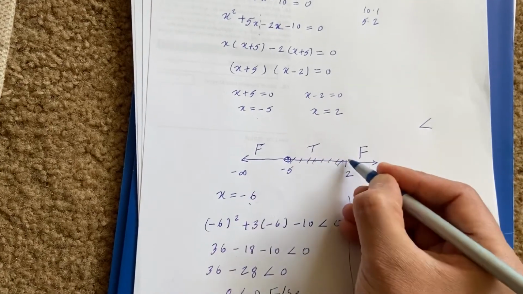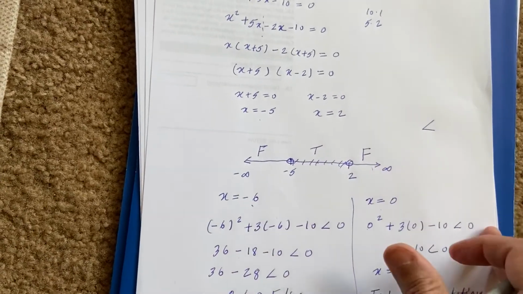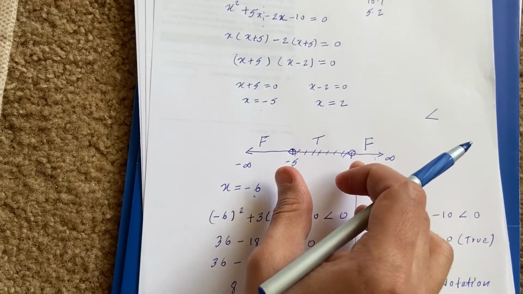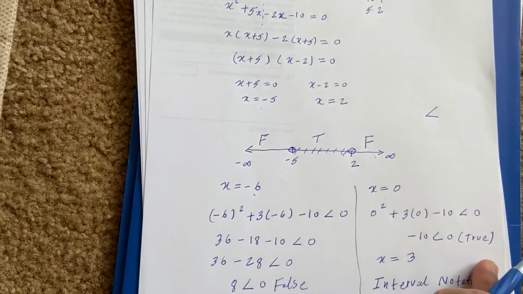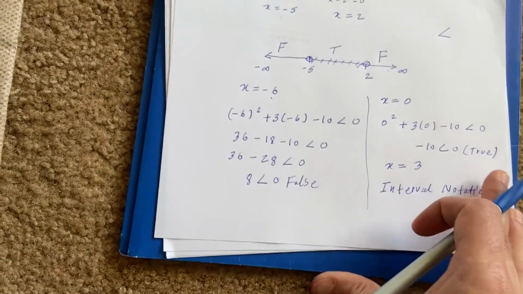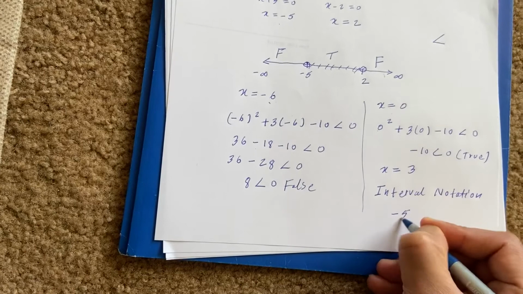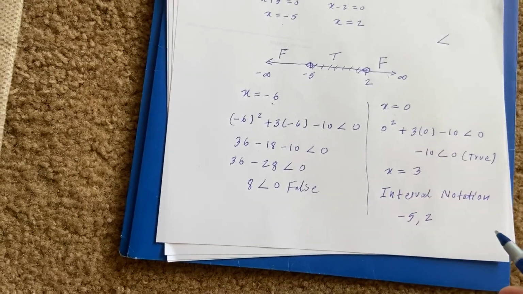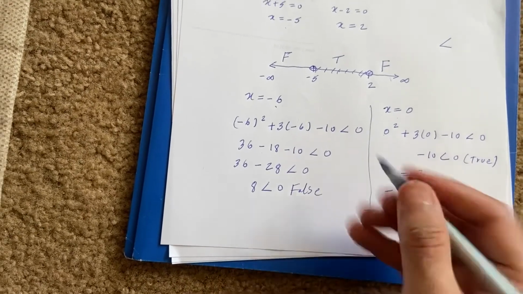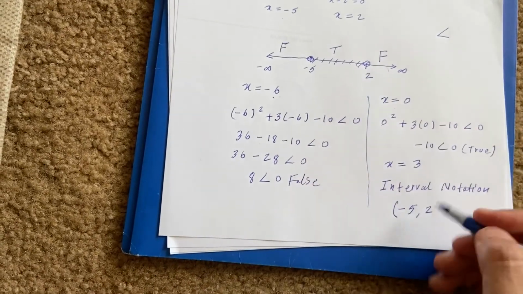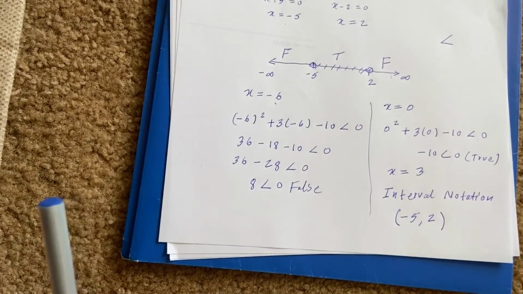Without including these 2 points, our answer is in this region. So to write this in interval notation, our answer is from negative 5 to 2, but since we are not including either point, it's going to be parentheses on both sides.